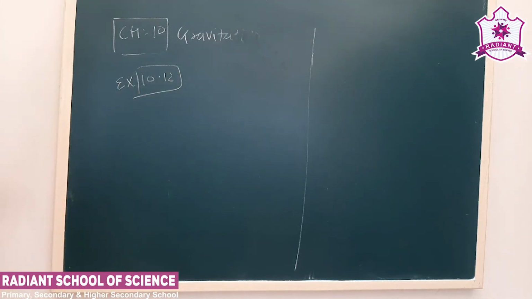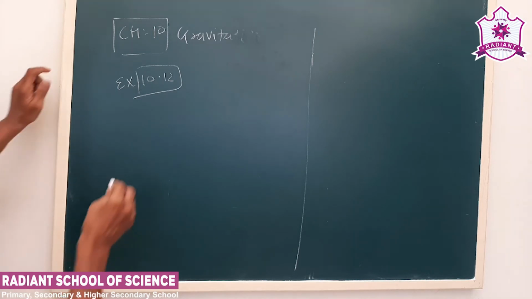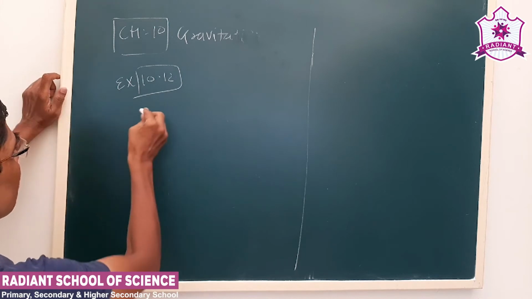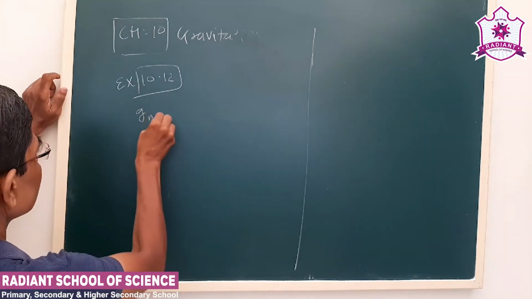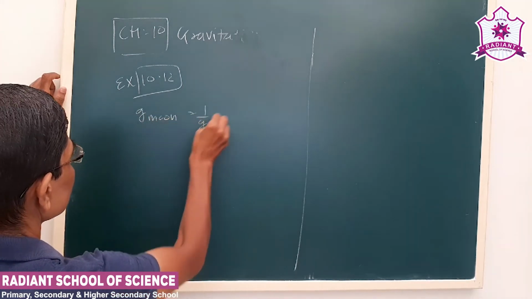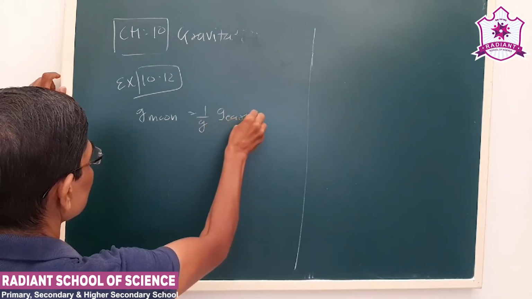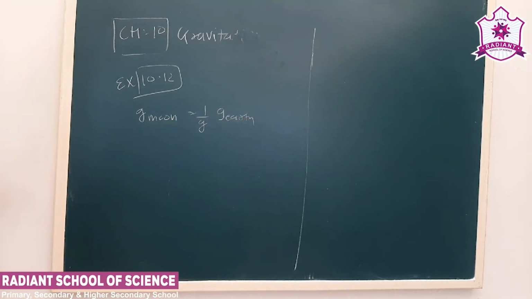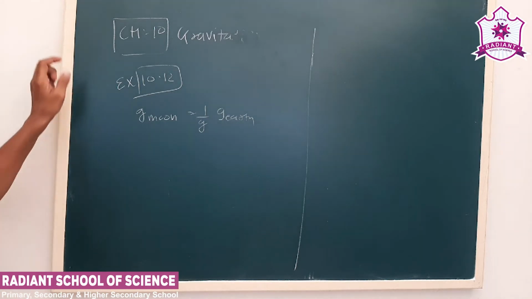Now the question says the gravitational force on the moon is 1/6 times that on the earth. Okay, g on moon. Now the question: what is the weight of a 10 kg object on the moon and on the earth?